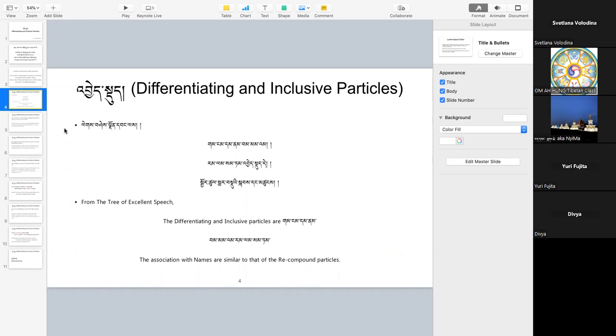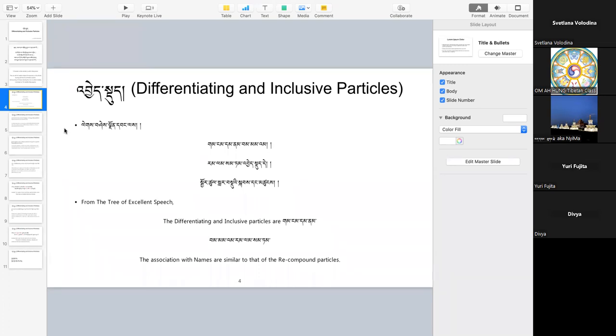And these are dependent particles because the association of these particles with their respective names is dependent on some particular rules, and these rules are based on the suffix letter of the respective name, which is similar to that of the recompound particle. And since they have to follow these rules, these are called dependent particles.